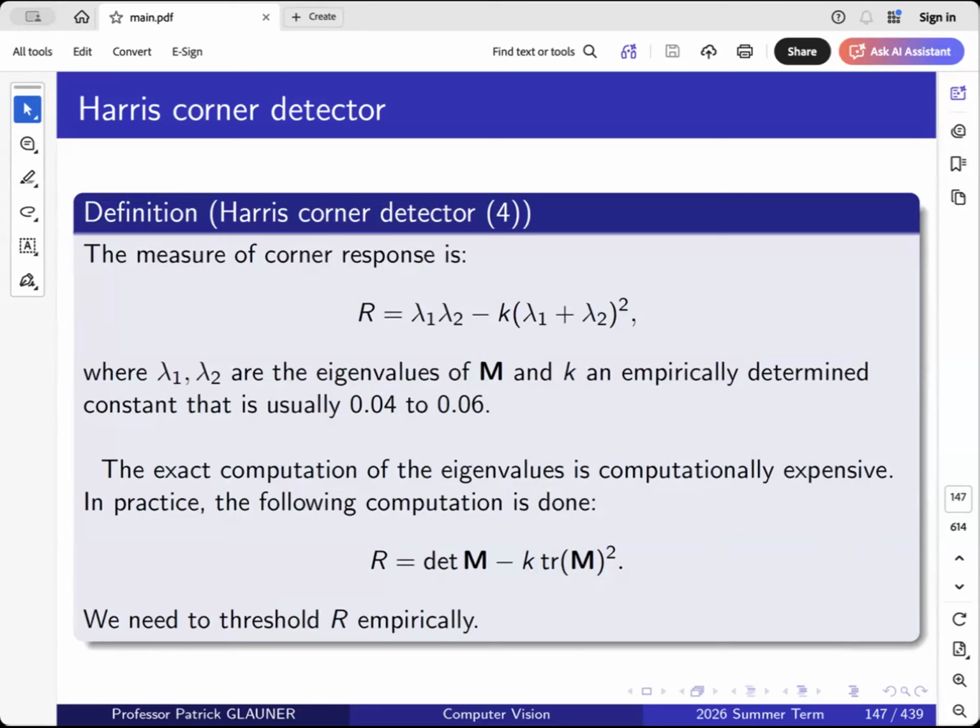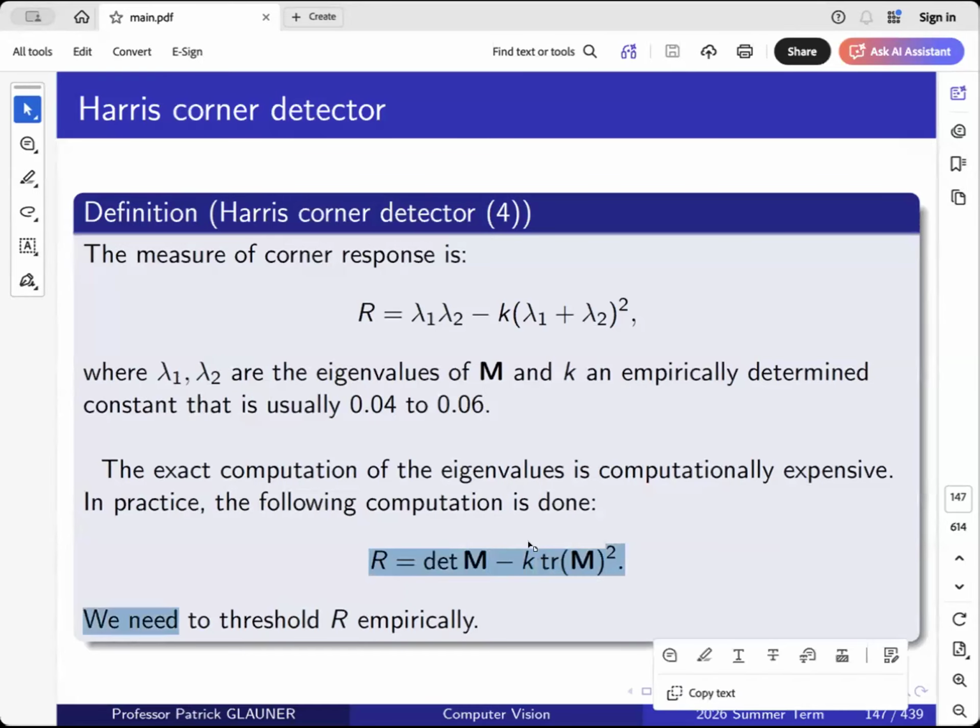The trace is, yes, going along the diagonal, so from the top left to the bottom right. But the trace operator doesn't mean just the diagonal, it means summing up all the elements in the first diagonal. So from upper left to lower right, you go through the diagonal, you sum up the elements, that's the trace.